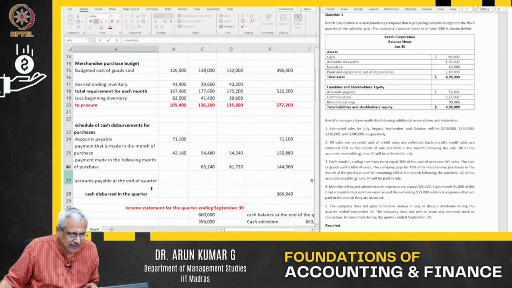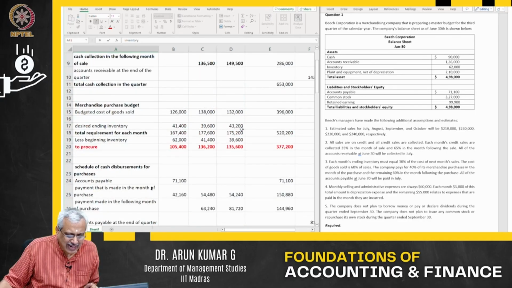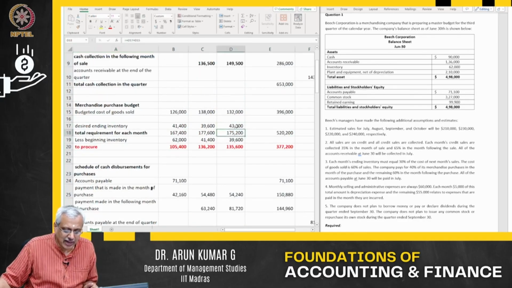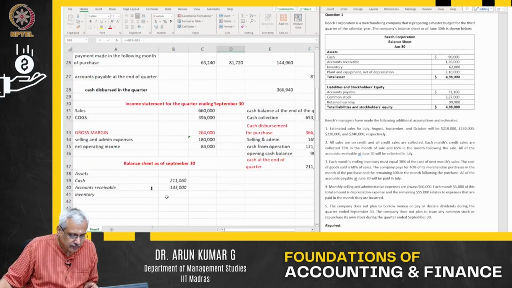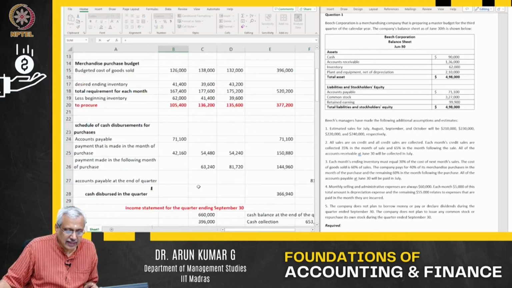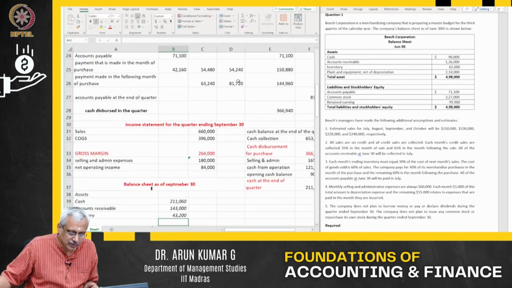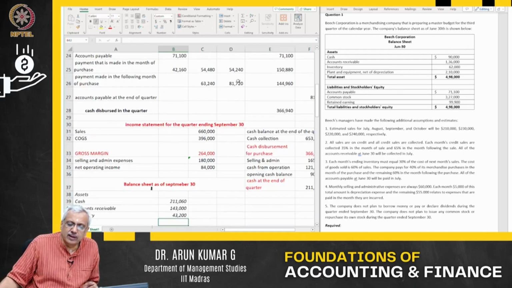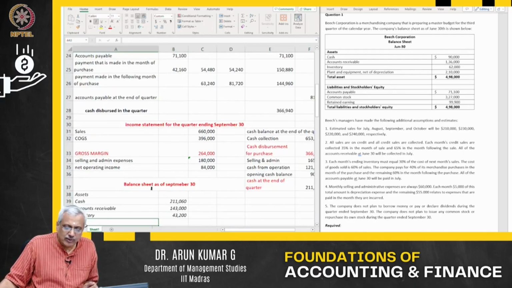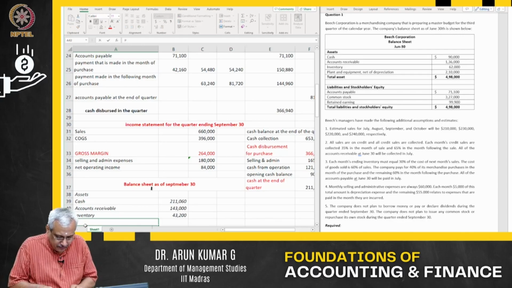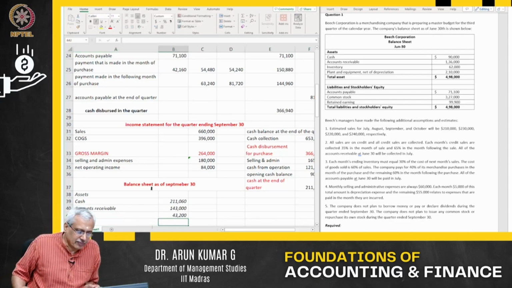That is the desired ending inventory at the end of September. That is going to be the inventory that I am going to have. Then I have my PPE, net of depreciation.